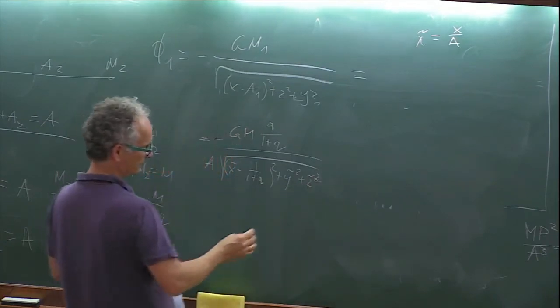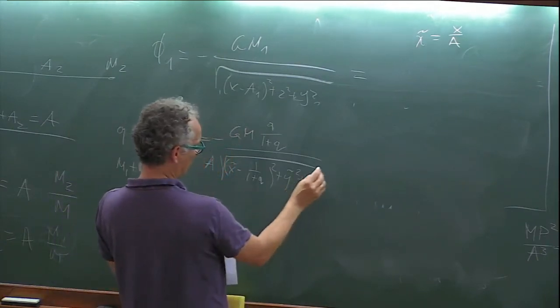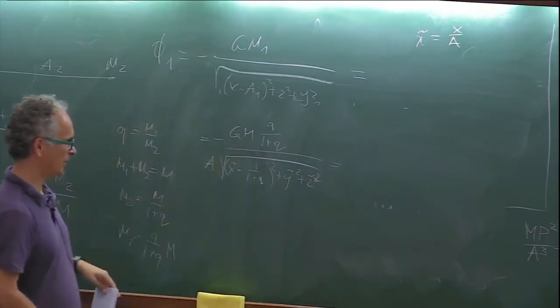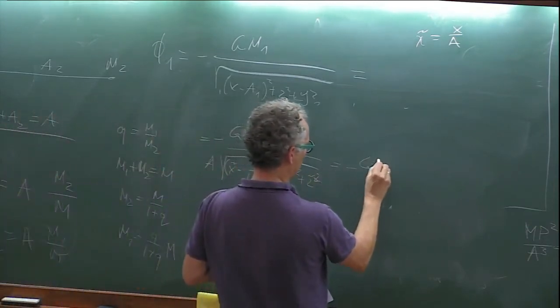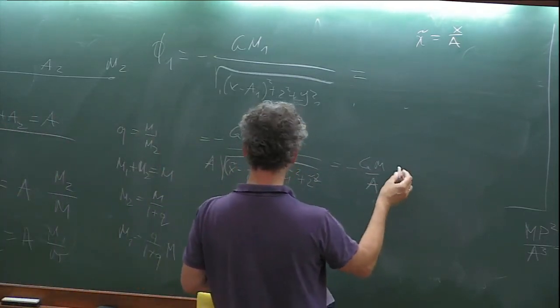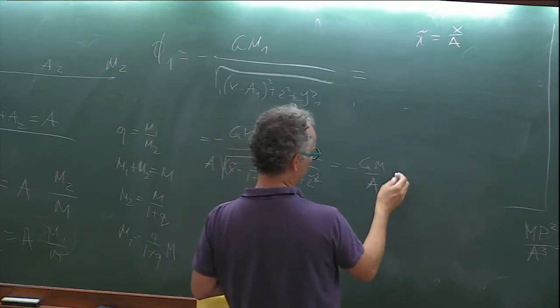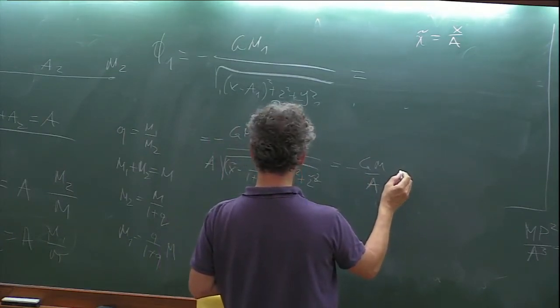Yeah. So this potential can be expressed as minus GM over a times a function of q.